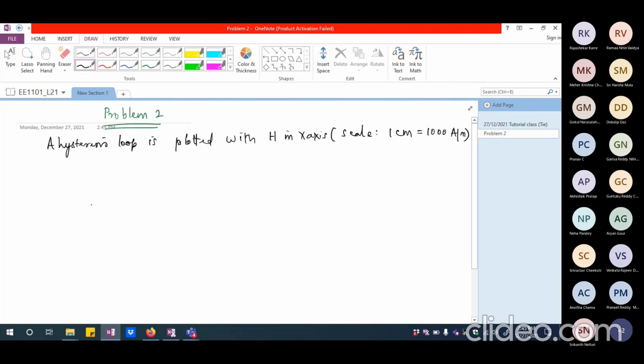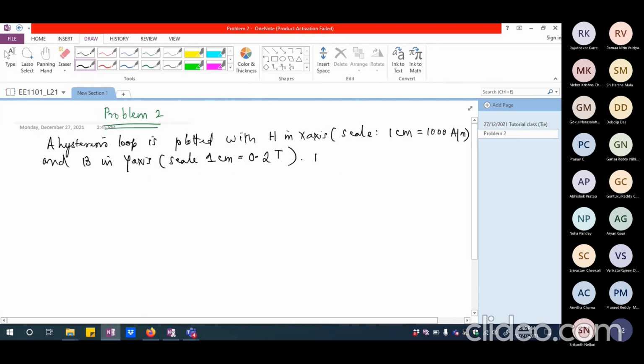And B, the flux density, in the y-axis, and the y-axis has a scale of 1 centimeter equal to 0.2 Tesla. So a hysteresis loop is plotted with H in the x-axis and B in the y-axis.